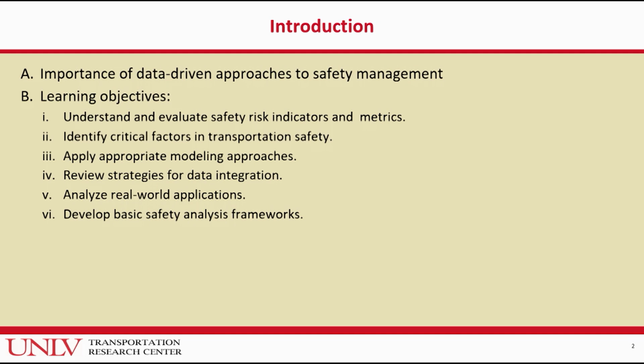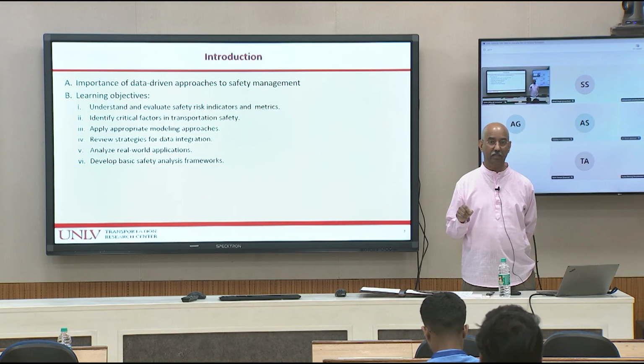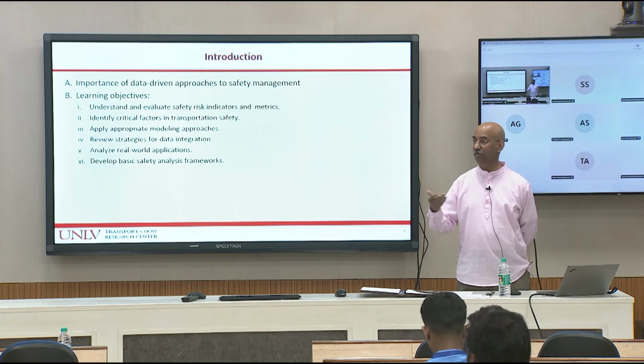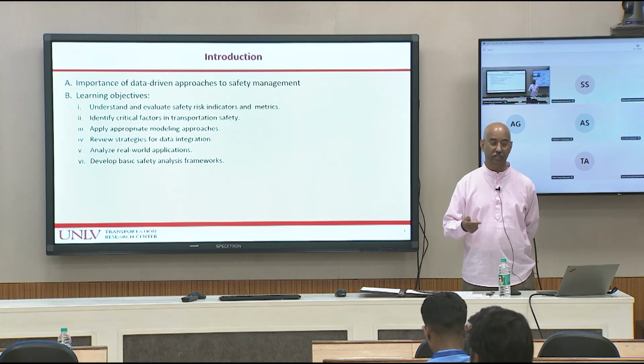What are some ways to model or analyze the data? I'm not going to get into details of mathematical modeling. I will just try to give you a feel for what are the types of approaches. That will be later today or early tomorrow. And there are issues related to data integration; we've seen several things. You've tried to work with one data set. In today's tutorial, I'll add a second data set which relates to fatal crashes, only fatal crashes, but there's a lot more detail compared to what we've seen over the last 2 days in our tutorials.